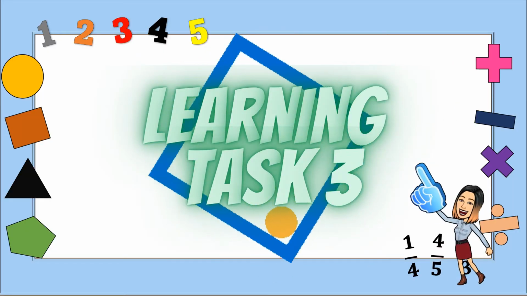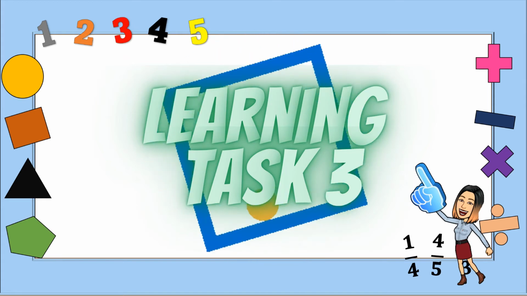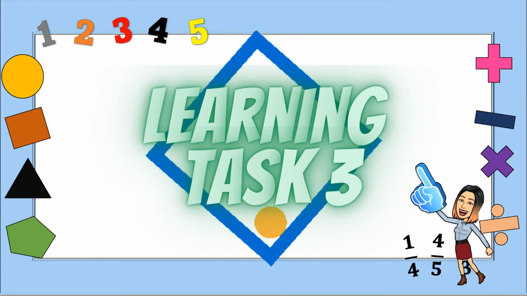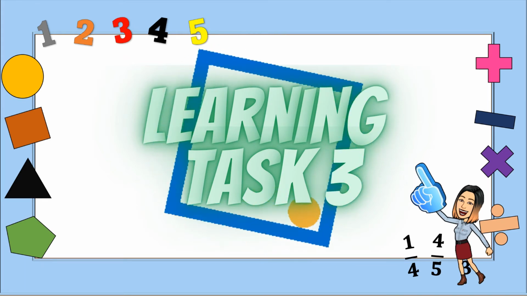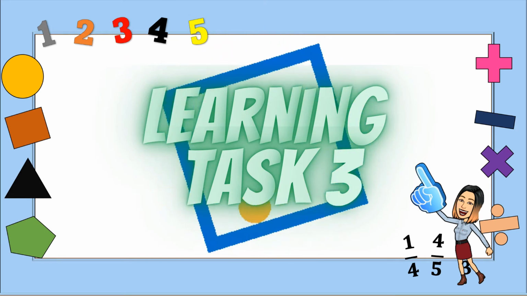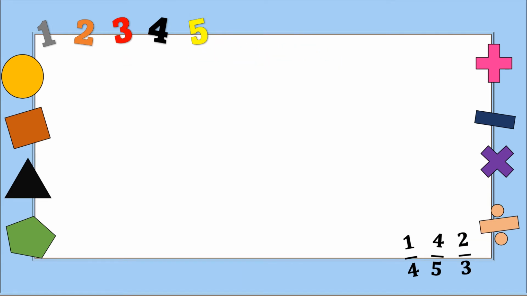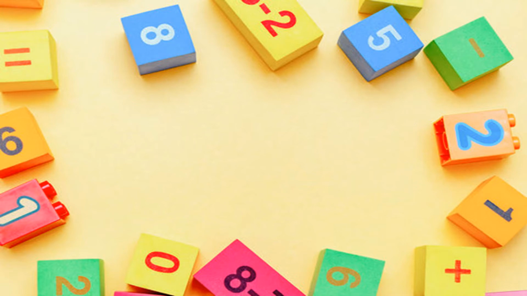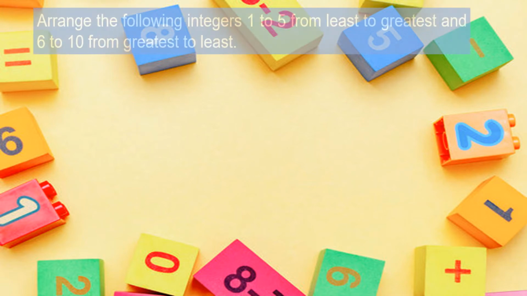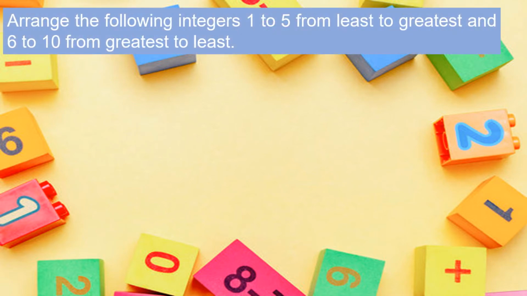Learning task number 3. Okay, so for your learning task number 3, arrange the following integers 1 to 5 from least to greatest and 6 to 10 from greatest to least.